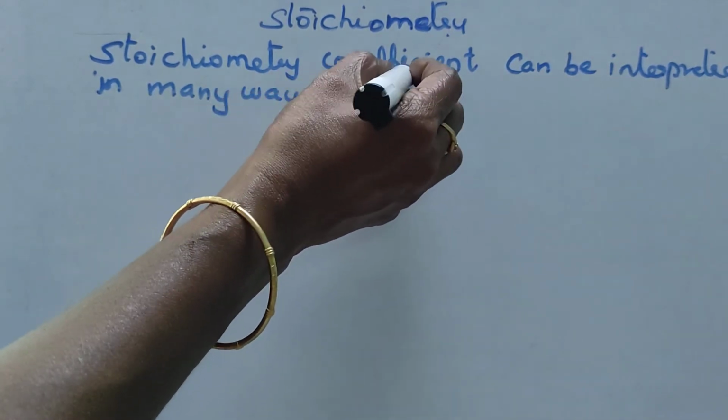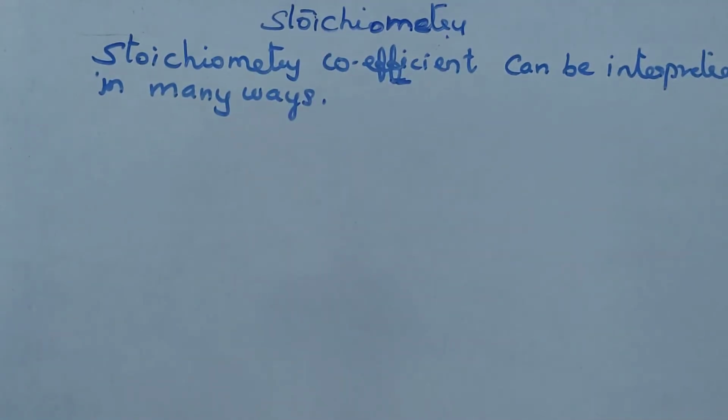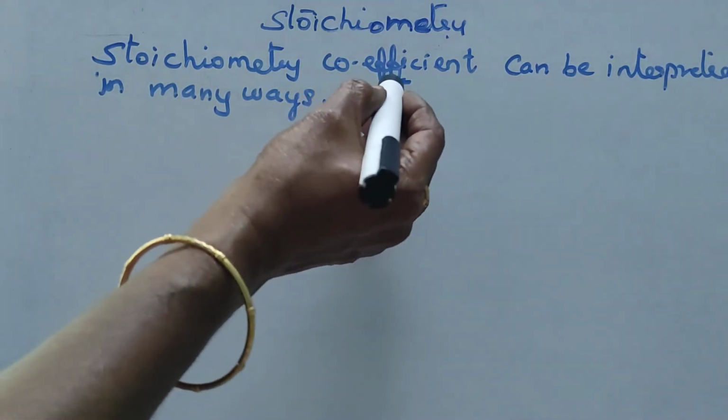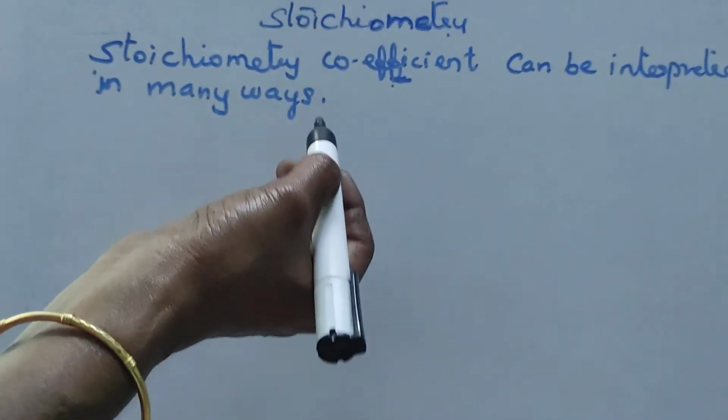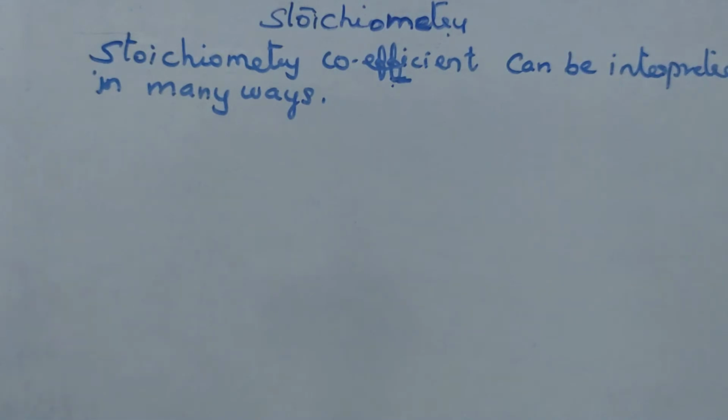What is that coefficient? Coefficient is a numerical number placed before the reactant and product in a chemical reaction. That is nothing but coefficient. The numerical or number placed before the reactant and product.